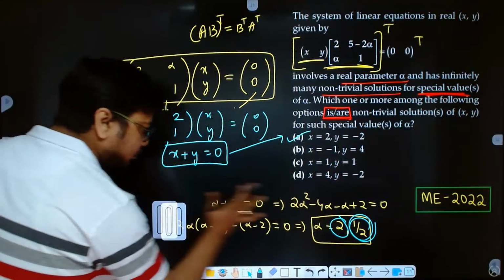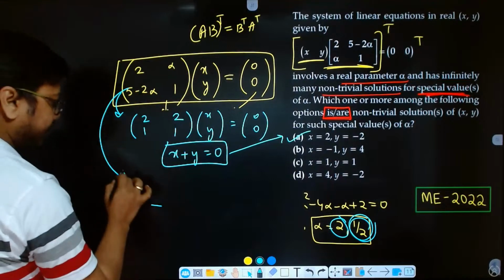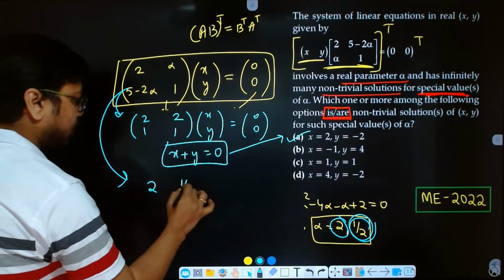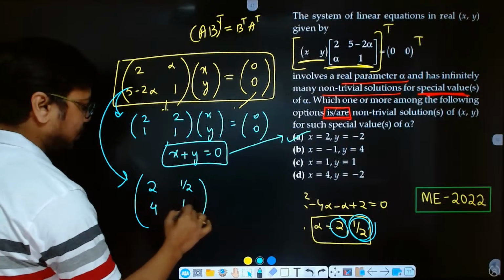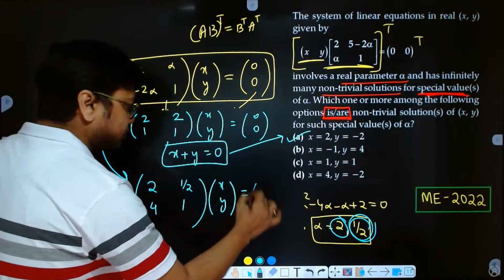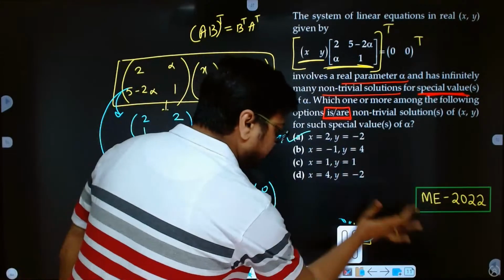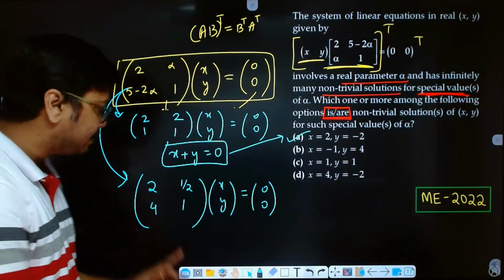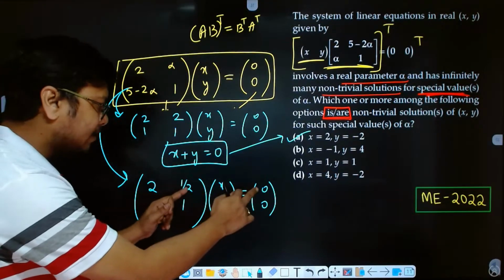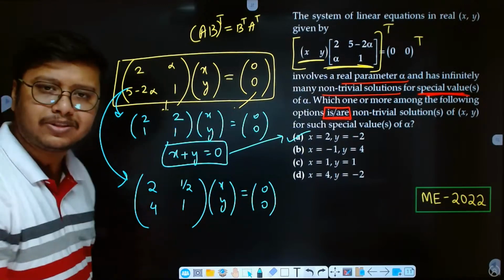If alpha value is half, this would be 2 half, and so that would be 4 1, xy equals 0 0. Again we are getting the same equation repeated twice. 2x plus half y equals 0 and 4x plus y equal to 0, they are the same thing.